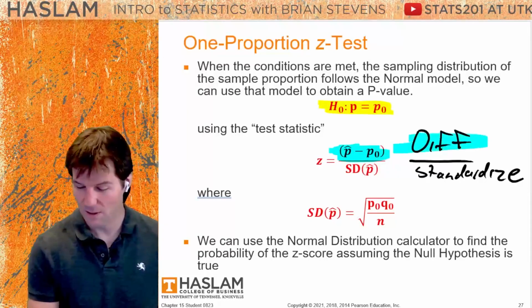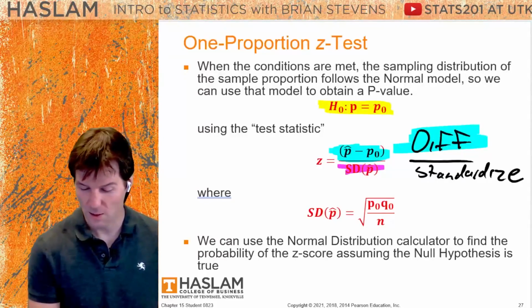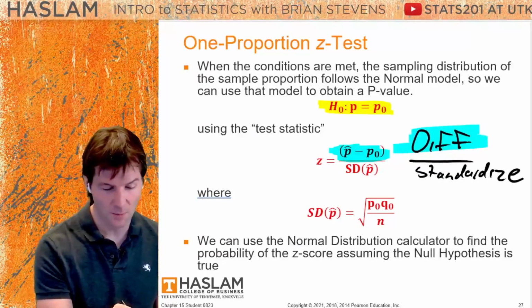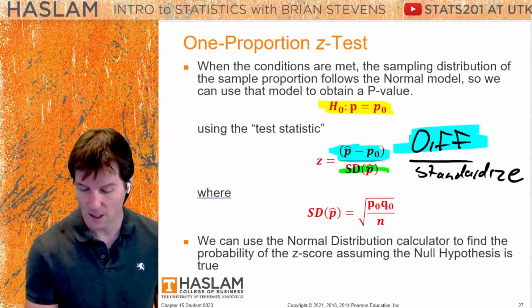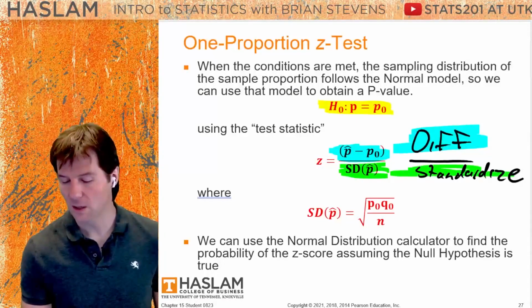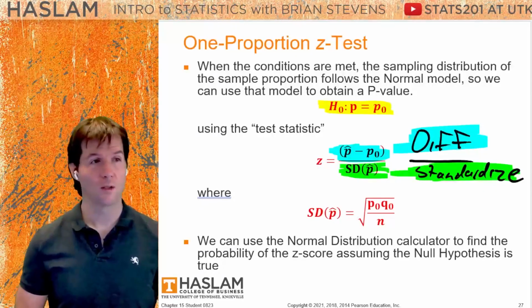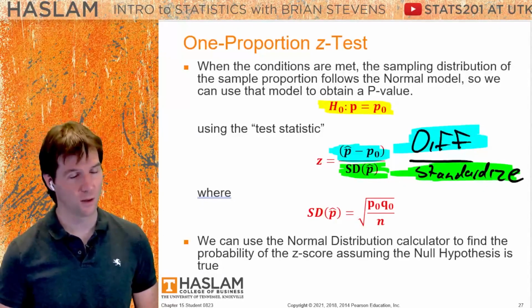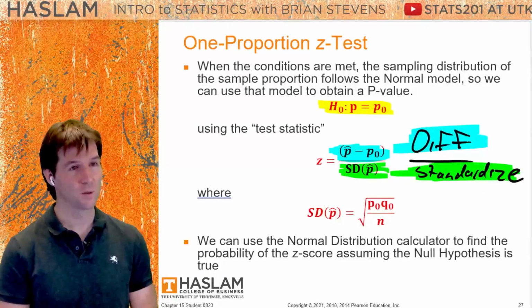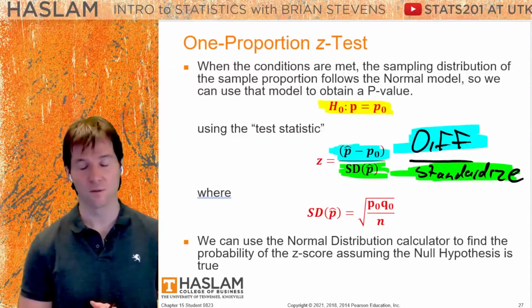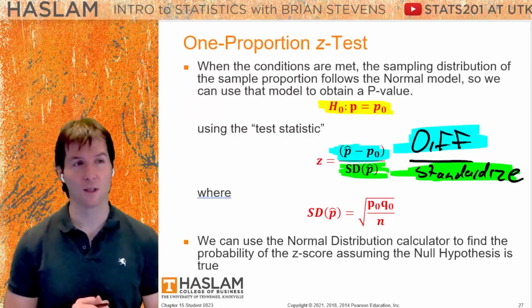So right here, we have a difference, and we standardize that difference down below with the standard deviation at this point. It is called a standard deviation because p naught is believed to be the truth. We're not using p hat, which would create a standard error. Very, very small differences right there. I've never tested students over that. It's just a small difference in terminology.